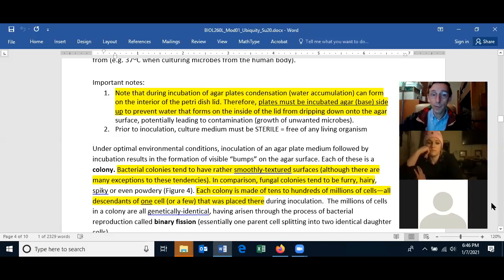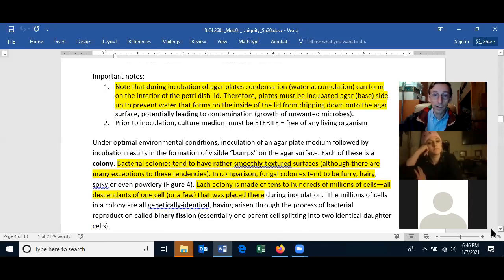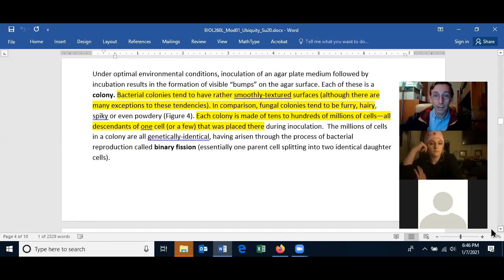You should also note that bacteria colonies tend to look different from fungal colonies. Bacteria colonies typically are smooth textured surfaces. There are some exceptions, but most of them are smooth, textured, and smaller than fungal colonies. Fungal colonies tend to be furry or hairy looking, and they tend to be larger also.